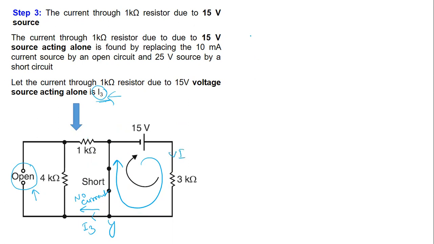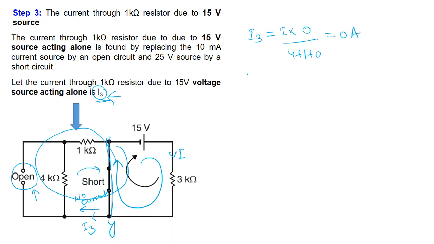So let us find the value of I3 as per the current division rule. I3 is equal to I into the resistance of this parallel branch, which is 0, over the sum of these three resistances, so it is 4 plus 1 plus 0. So I3 is 0 ampere.